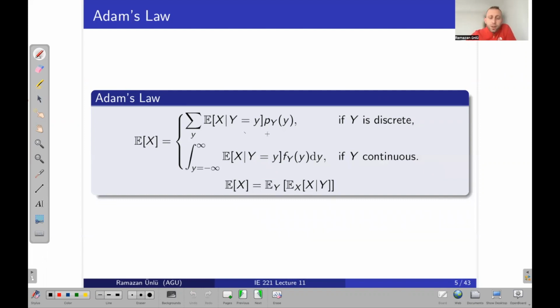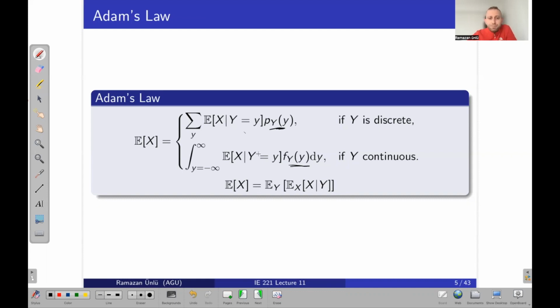Okay. So if Y, the conditioning random variable, is discrete, we can use this formulation, which is the summation of the expected value of X given Y is equal to some particular value times the corresponding probability of Y. And that is for the continuous one: instead of the PMF, we will use the PDF.